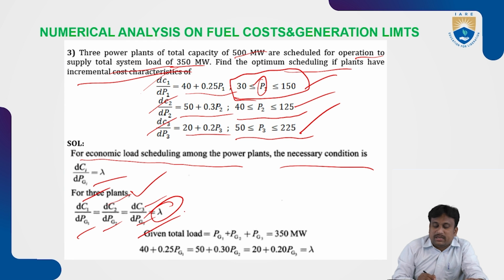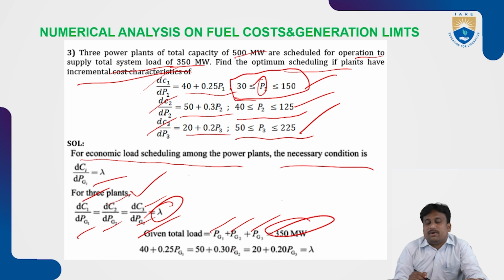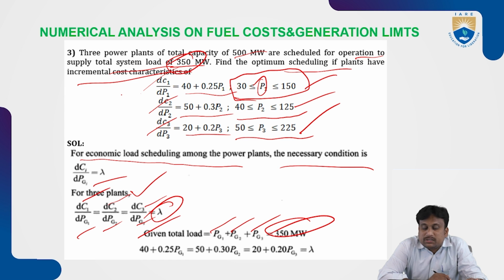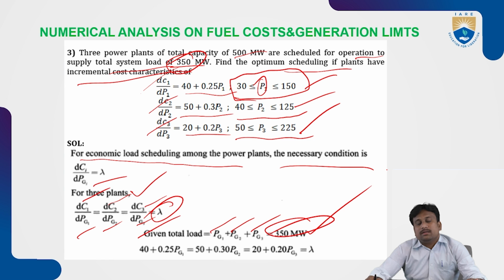What is the given total load? Pg1 plus Pg2 plus Pg3 equals 350 megawatts. It is already given that the plants are scheduled to supply a total system load of 350 megawatts, so we have written 350 megawatts here.